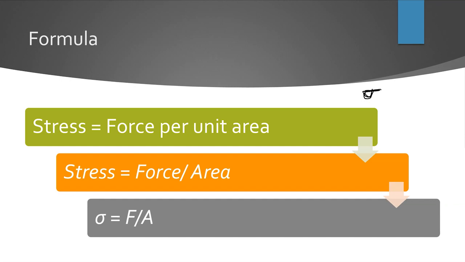So stress is equal to force divided by area, the perpendicular area. This is the formula that you have to remember: sigma equals F divided by A, where sigma is the stress, either compressive or tensile stress, F is the force, how much force you put on the object, and A is the perpendicular area of that plane.